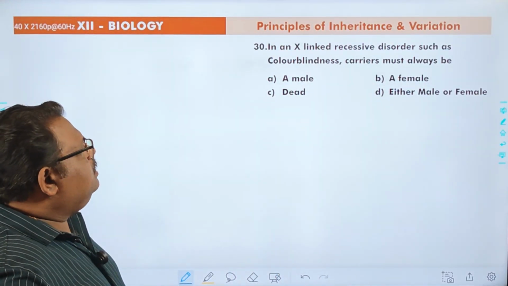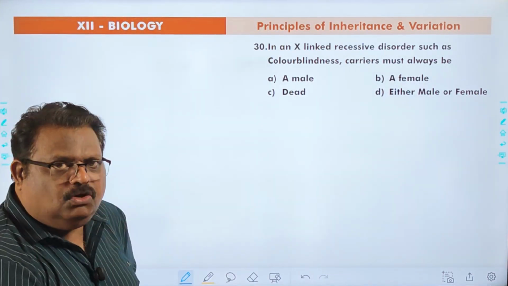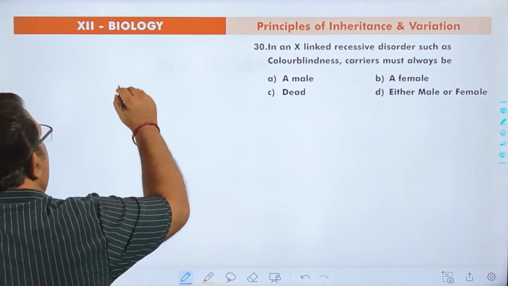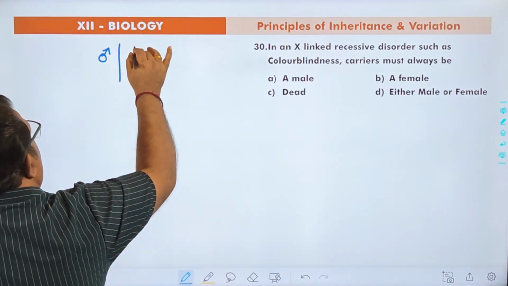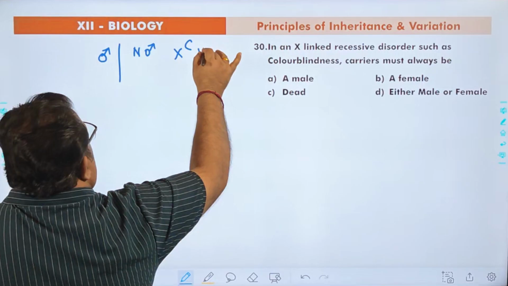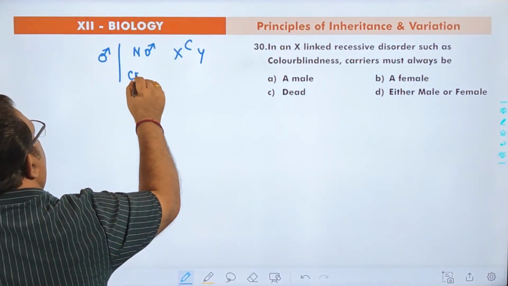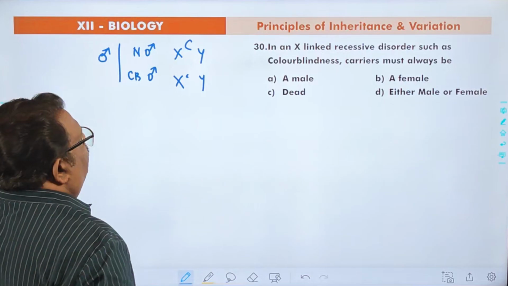The last question in this segment. In an X-linked recessive disorder such as color blindness, carriers must always be. Now in this condition, color blindness, in males there are two possibilities: a normal male, X capital C Y, and a color blind male, X small c Y. There is no carrier.